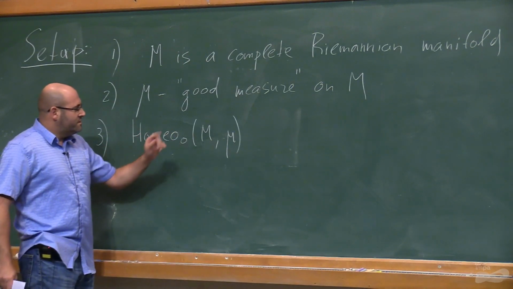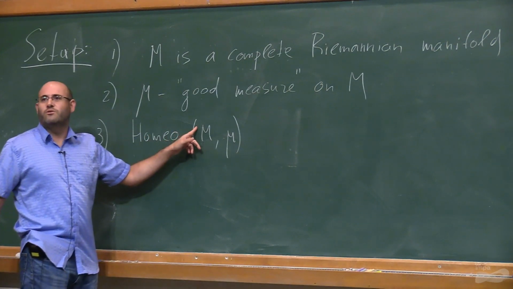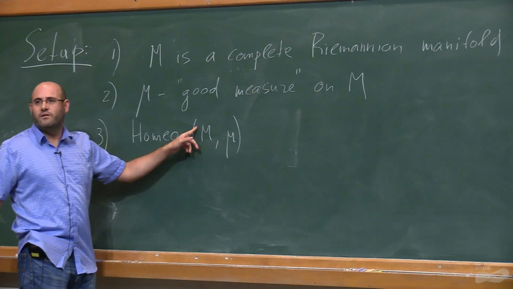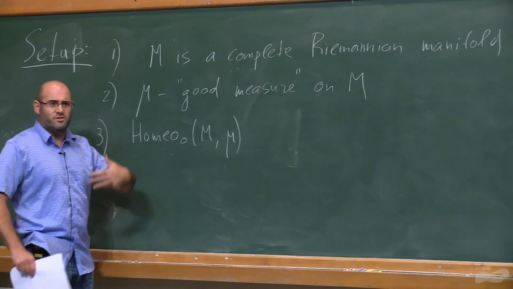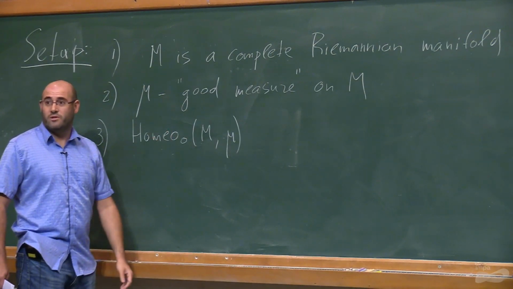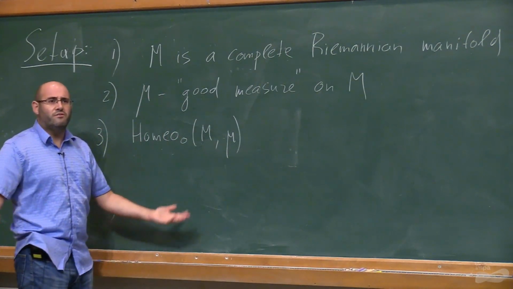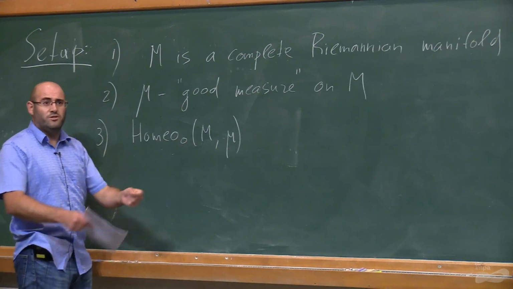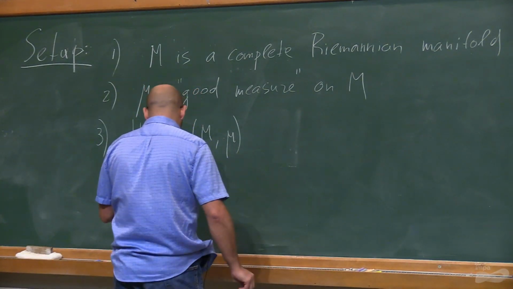Usually on this group I would put the C0 topology. And if I think about subgroups of this group, I will put the C infinity topology if it is a group of diffeomorphisms, symplectic homeomorphisms or Hamiltonian diffeomorphisms. So you should think of two diffeomorphisms as close if all the derivatives are close, and in Homeo they are just close in the C0 topology.